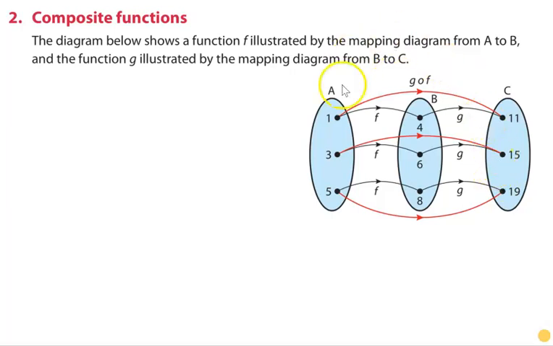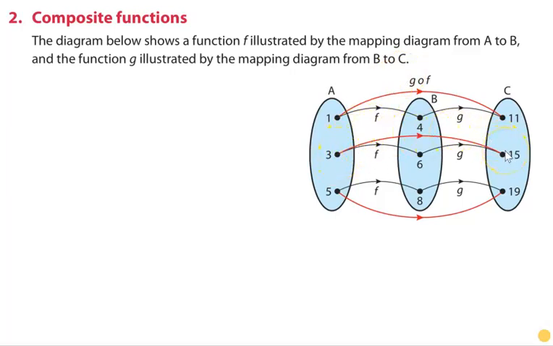But what we could have done was jumped straight from 1 to 11. That's following the red arrow. And this would be known as g, and then it's like a little circle symbol. It's not a 0. How we pronounce this in maths is we say g after f. And likewise, the 3 could have jumped straight to 15.